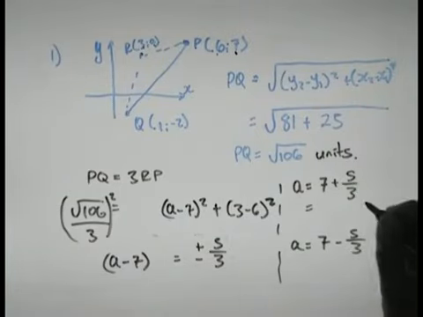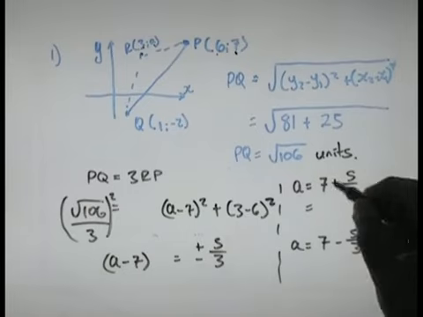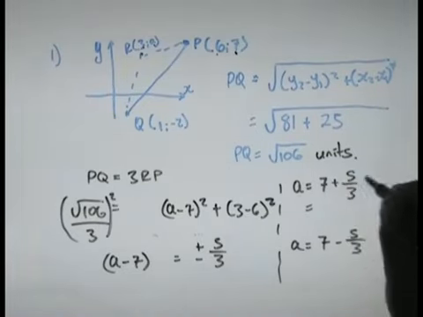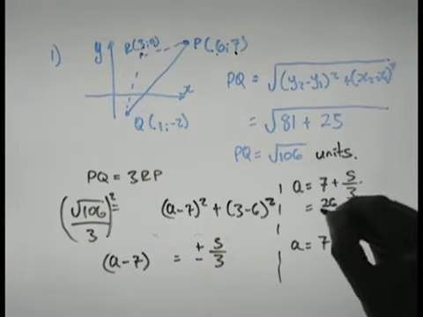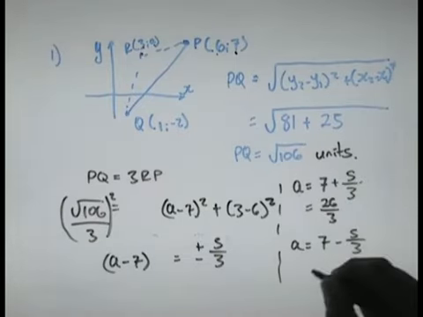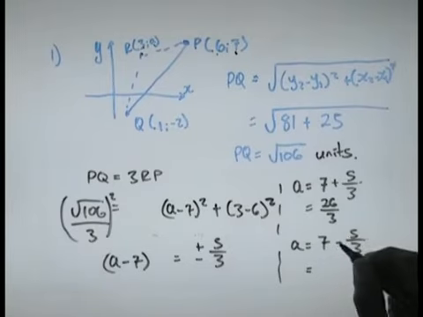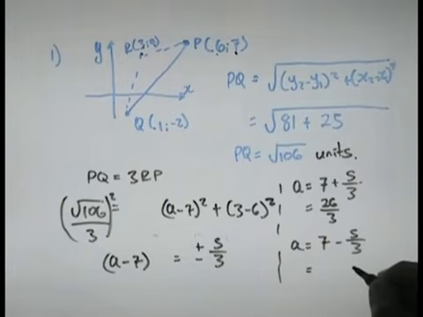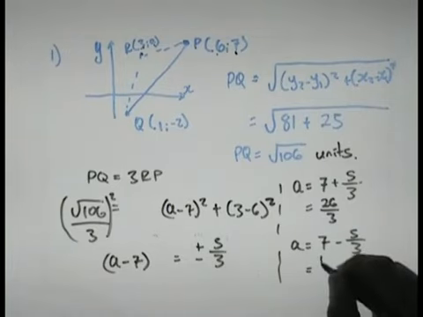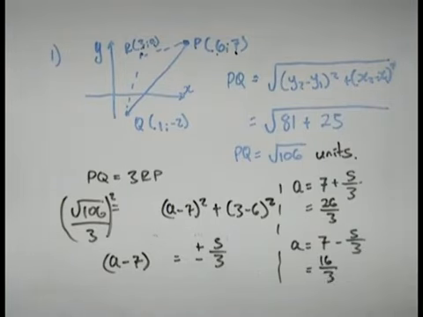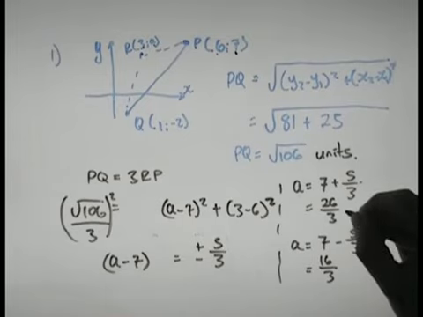7 plus 5 over 3 is the same as saying 21 over 3 plus 5 over 3, which is 26 over 3. Or A is equal to 21 over 3 minus 5 over 3, and 21 minus 5 is equal to 16 over 3.